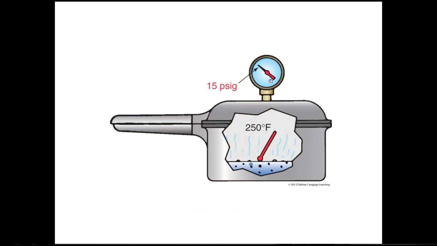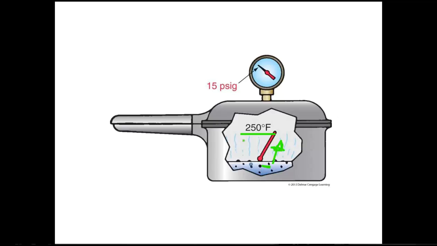So at 15 psi in a pressure cooker, water doesn't change state until it hits the 250 degree Fahrenheit range, and that's when it hits saturation, where both liquid and vapor are present. And if we add heat, it's going to change state from liquid to vapor.